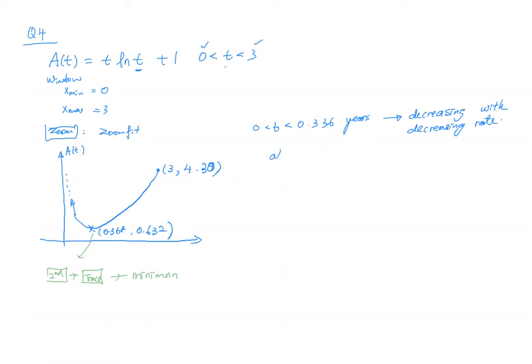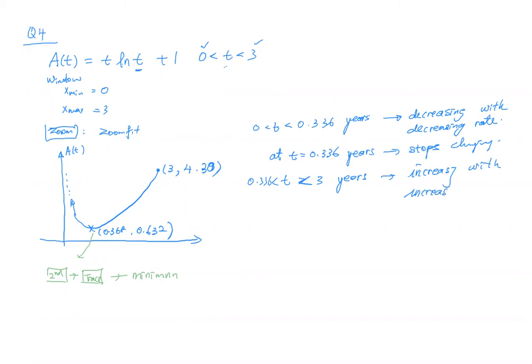Then at t equal to 0.336 years, stop changing. Am I right? Then from t greater than 0.336 to 3 years, increasing with increasing rate.